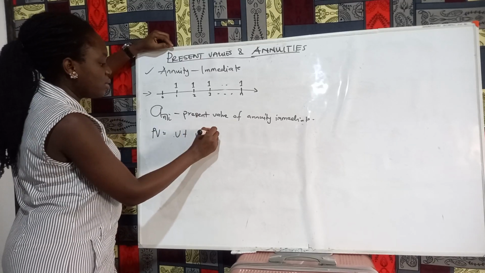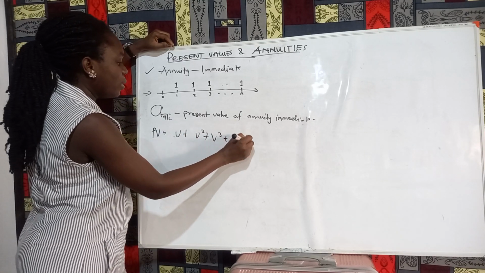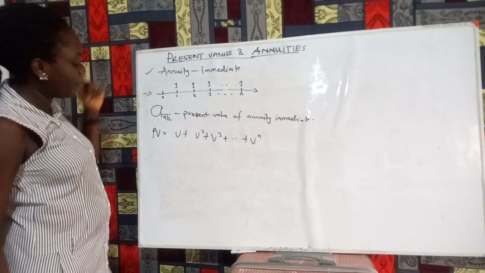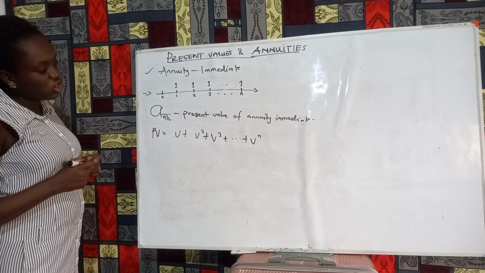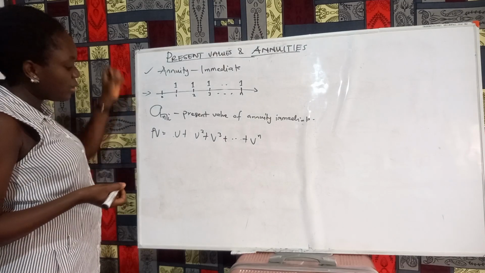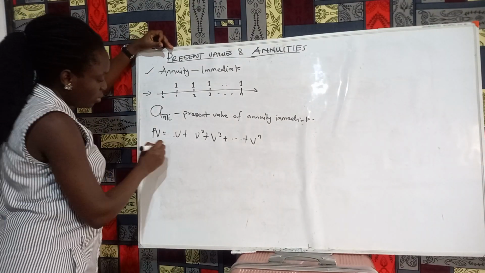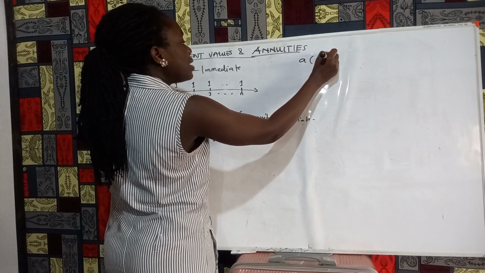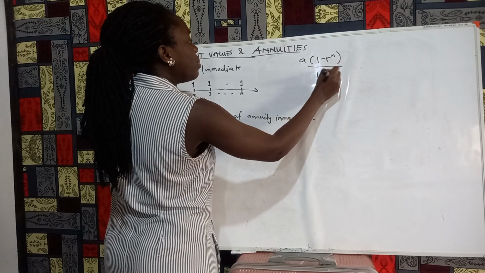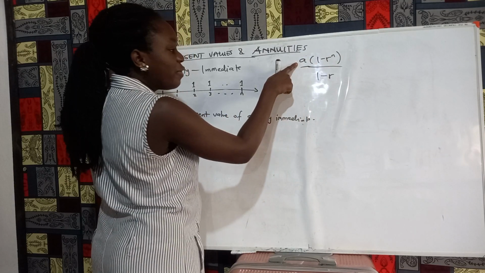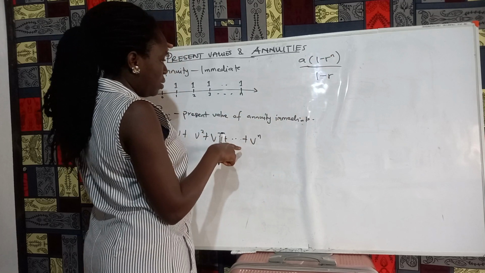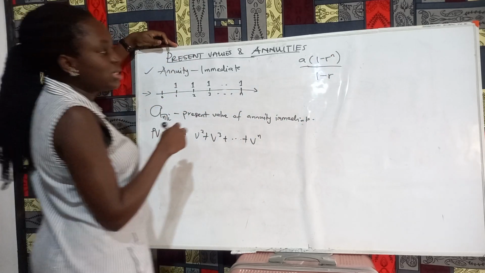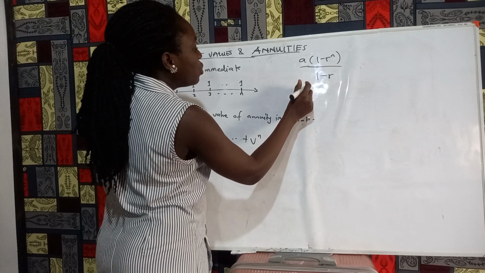The next is V to the power 3, plus all the way to V to the power n. So this is a summation of a geometric series, which is equal to A times 1 minus r to the power n all over 1 minus r, where A is your first term, n is the number of terms, and r is the common ratio.